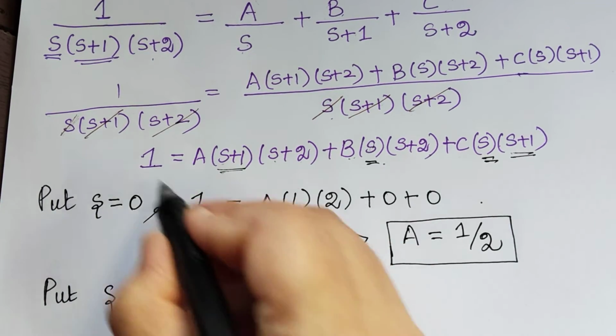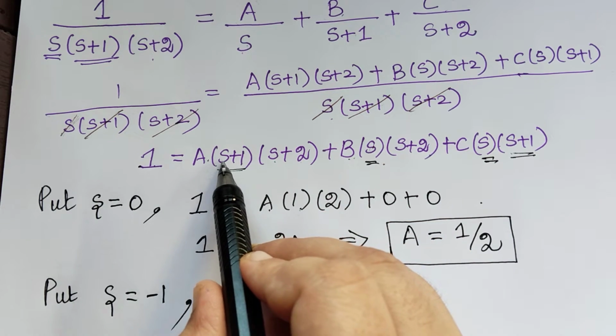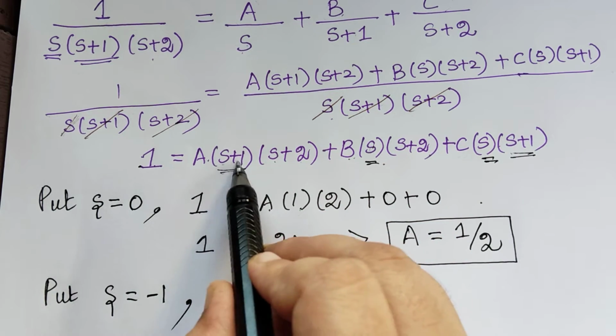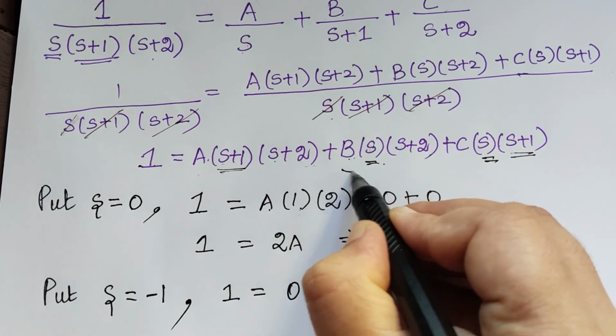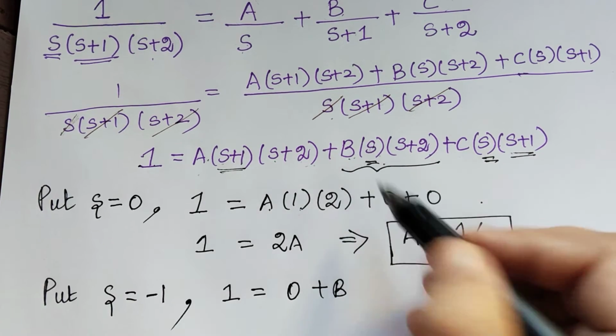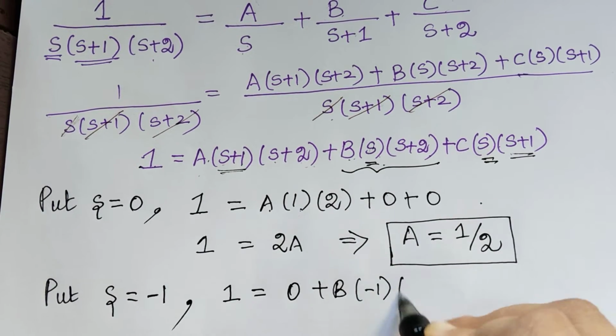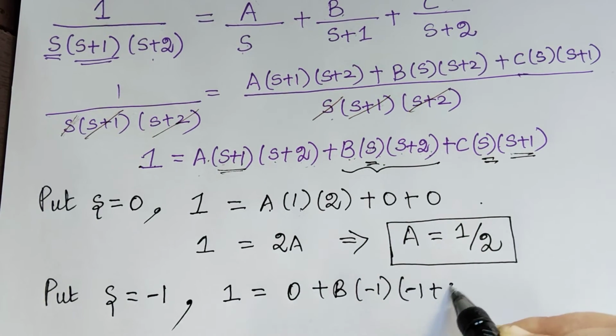So what will happen? 1 will be equal to A multiplied with minus 1 plus 1 will become 0, and so this full term will become 0. And then for this term, plus B multiplied with S is minus 1 and here we have S plus 2, so minus 1 plus 2.